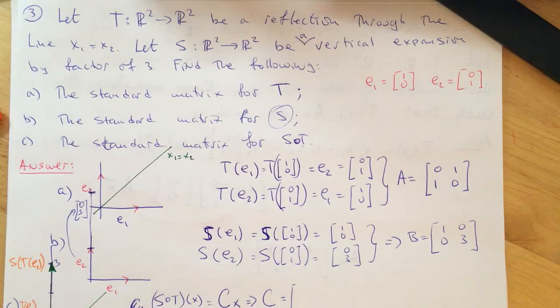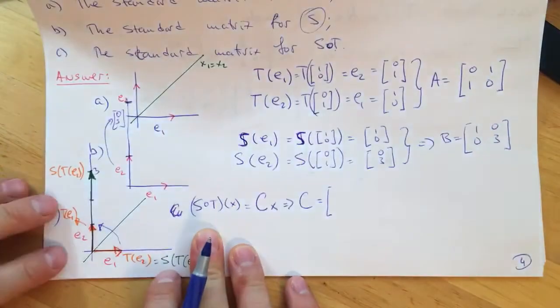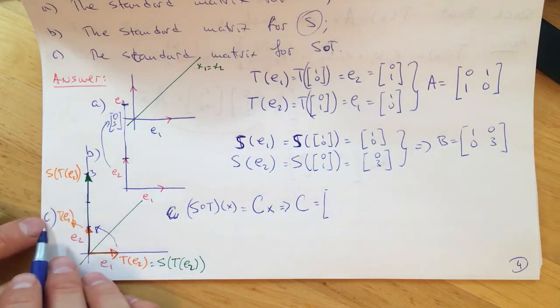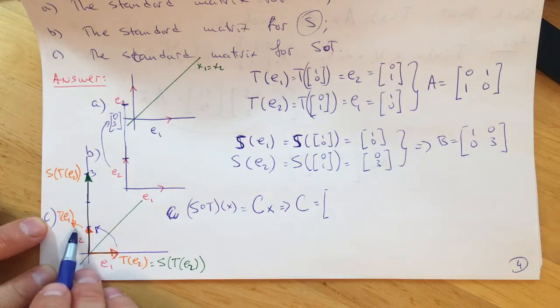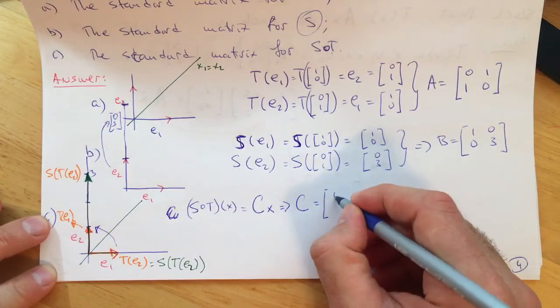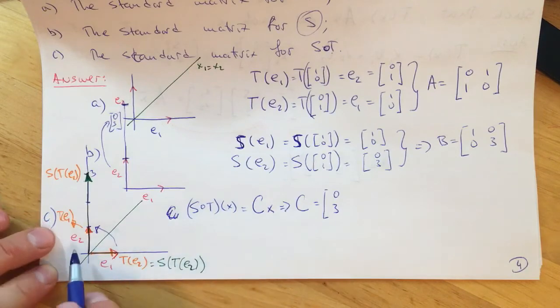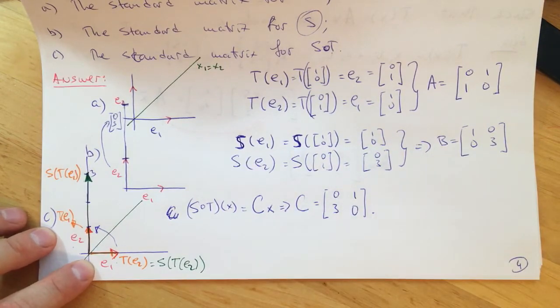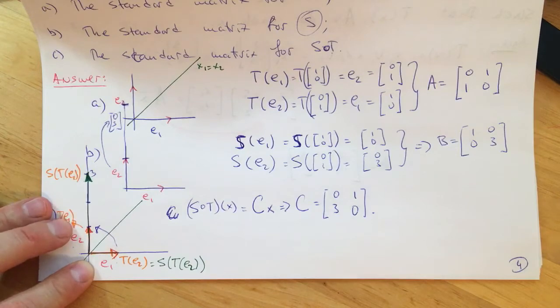So after applying these two transformations to the vector E1, after the transformation T came here, T of E1, and then after applying the transformation S to the image of E1 under T, we came here to the vector 0, 3. And what happened when we applied these two transformations to the standard unit vector E2? It just came to E1, so that's 1, 0. Okay, so this is one way of solving this.